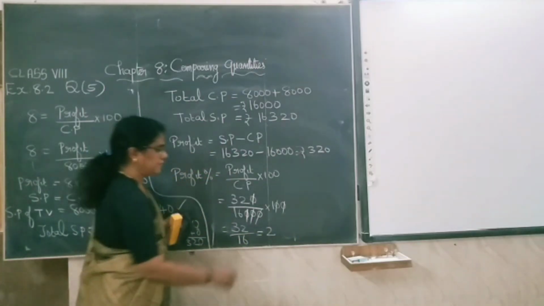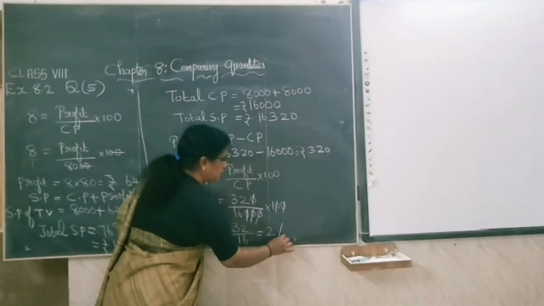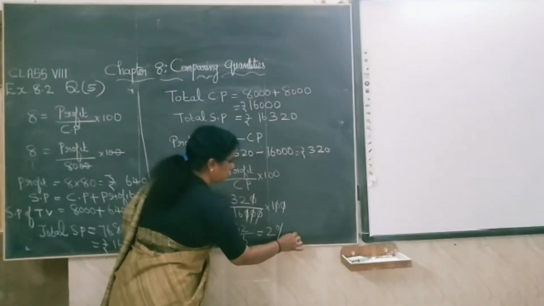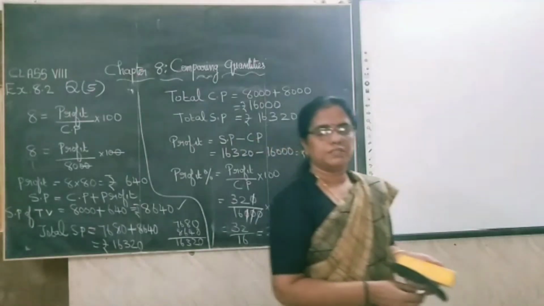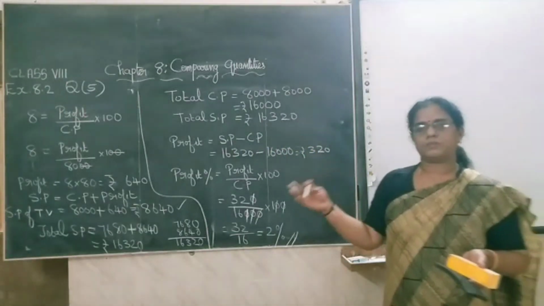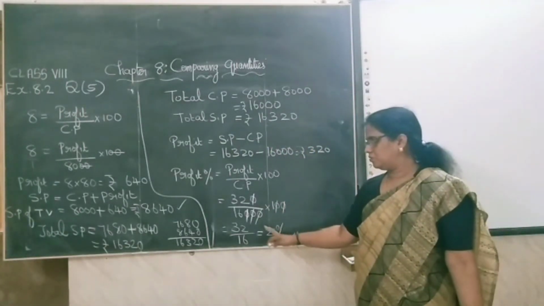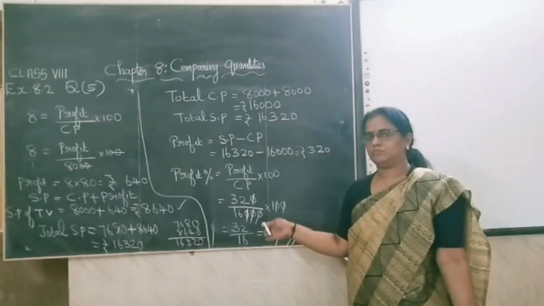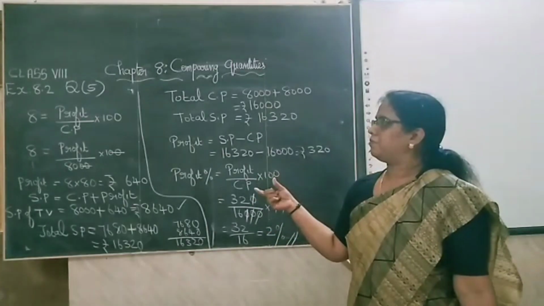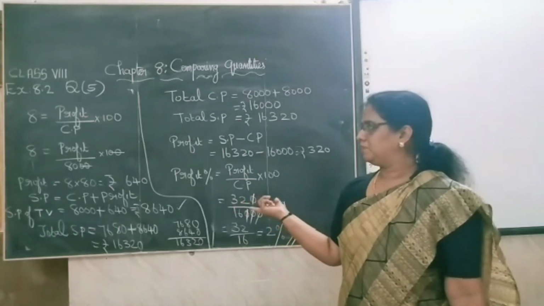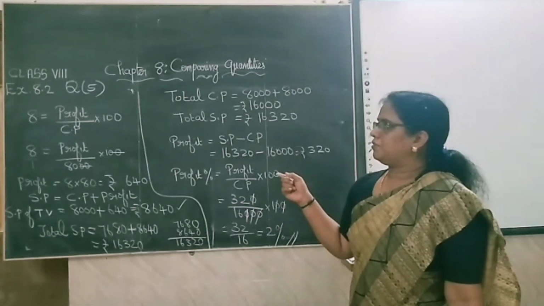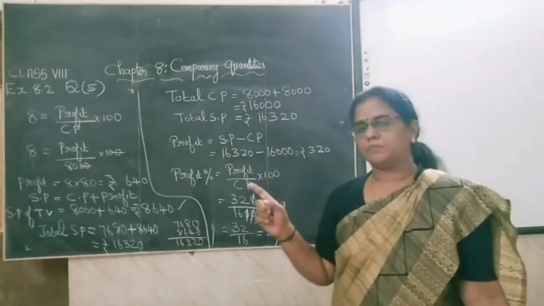Therefore profit percentage is equal to 2%. And for the whole transaction there will be 2% profit, or profit percentage is 2. Therefore this is the answer. One lengthy problem, but when you understand the steps, it becomes easy. Because first you have to find the total selling price.